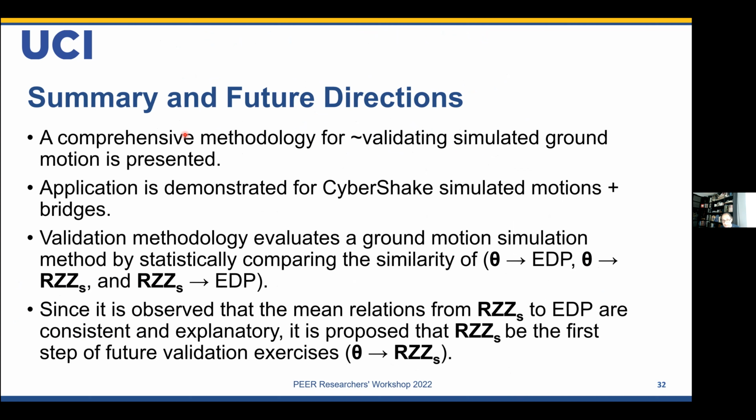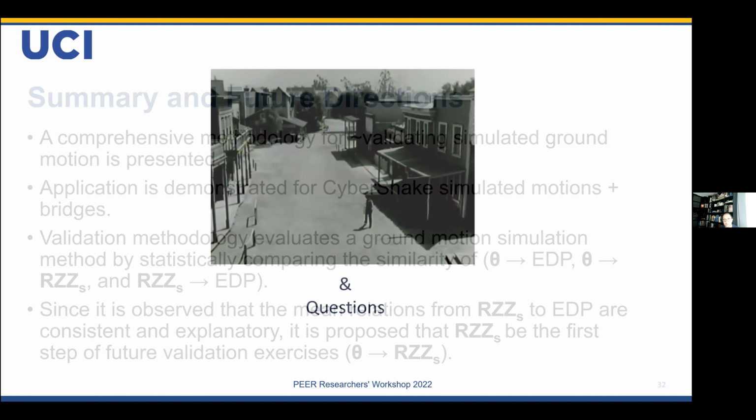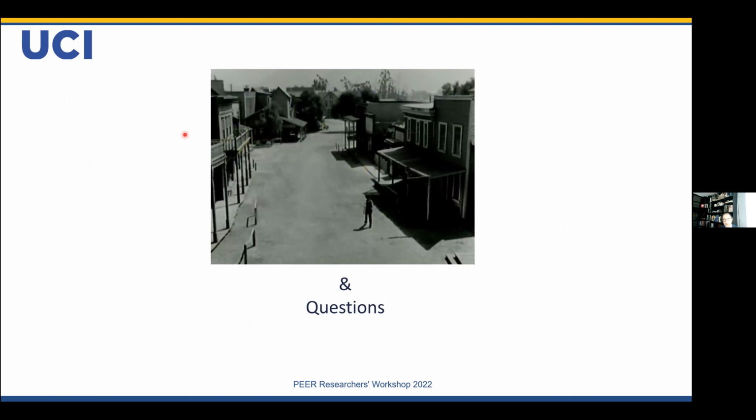Since it is observed that the mean relations for RZZ-S to EDP are consistent and explanatory, it is proposed that RZZ-S be the first step of future validation exercises. With that and a picture of this beautiful movie from the 50s, I'm going to stop my presentation. Thanks for listening to me.